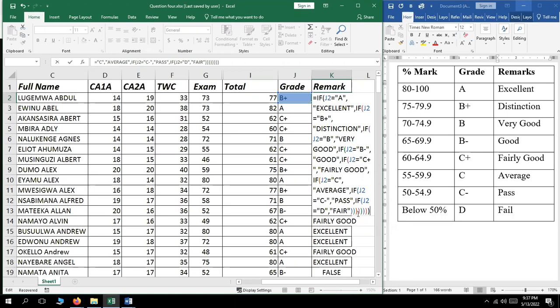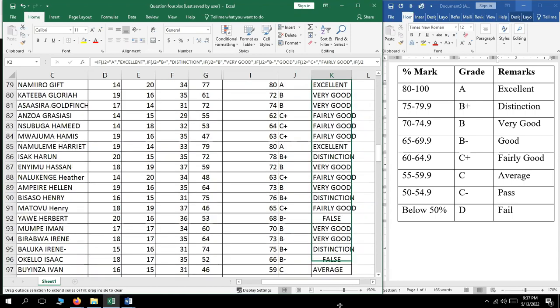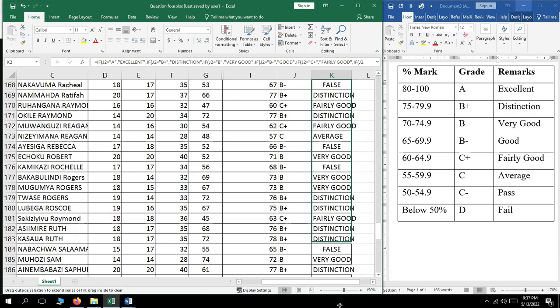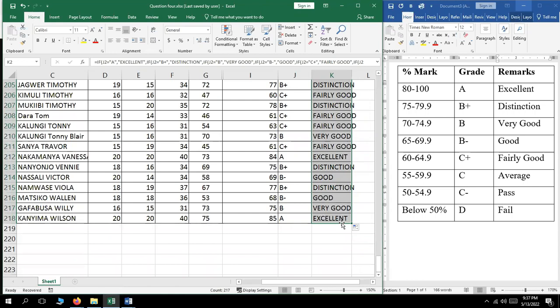Now there are 8: 1, 2, 3 for confirmation purposes, plus 3 plus 2. That's 8. Once I press enter and then drag, I expect that wherever there is false, we shall have good as the remark, because we have fixed the problem of skipping B minus.